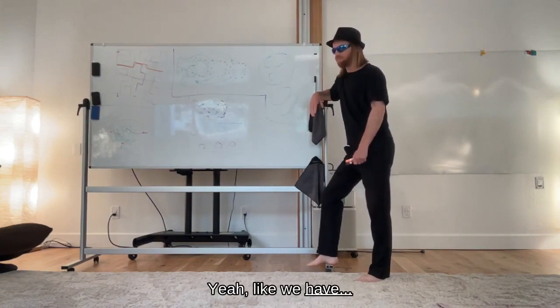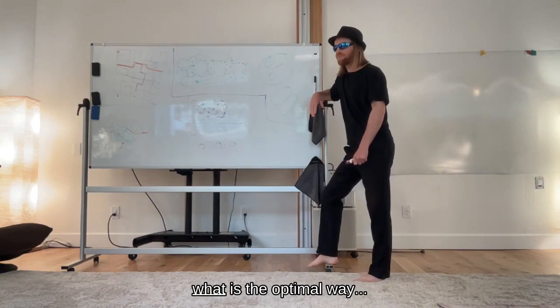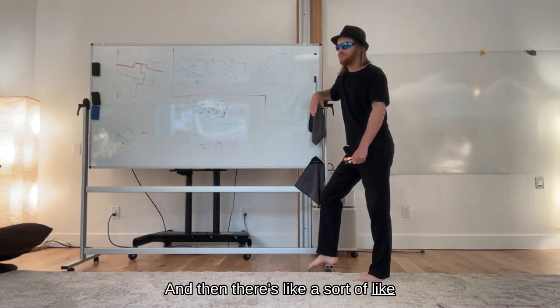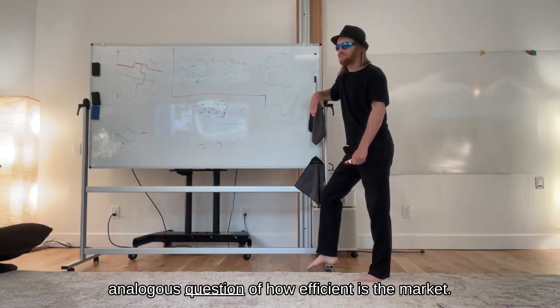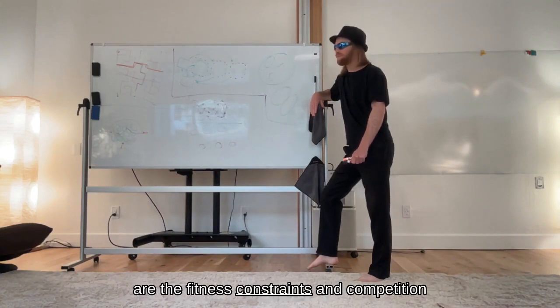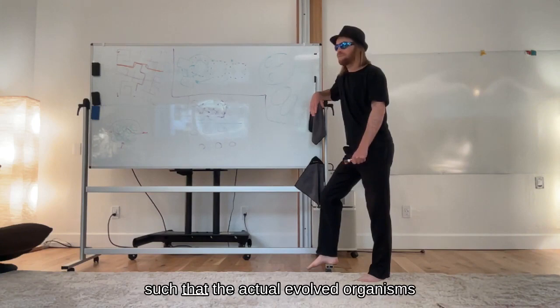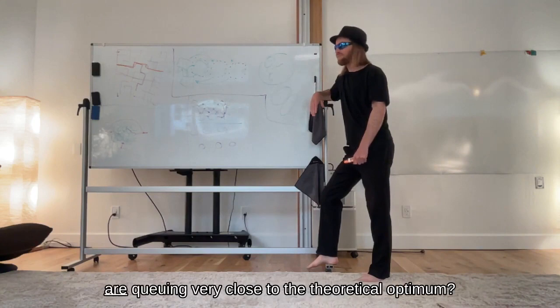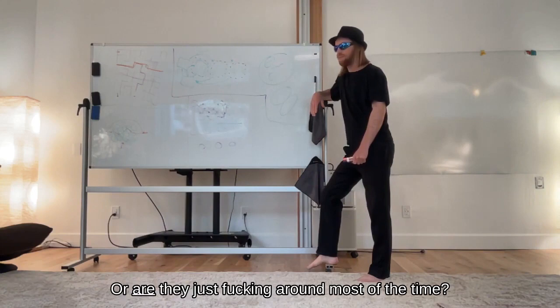We have arguments about what is the optimal setup for things, and then there's an analogous question: how efficient is the market? Are the fitness constraints and competition such that the actual evolved organisms and actual evolved minds are very close to the theoretical optimum? Yep. Or are they just messing around most of the time?